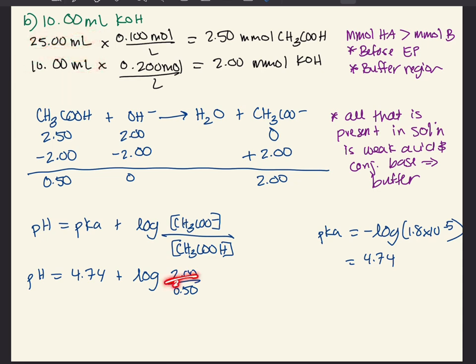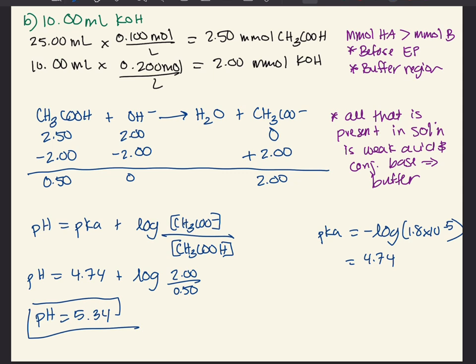And to get that, I would divide both of these numbers by 35, so you would get the exact same ratio. Now this only works if you have millimoles on top, millimoles on the bottom, or moles on top, moles on the bottom, and you're dividing by the same volume. So now I can plug this into my calculator and I get a pH value of 5.34.